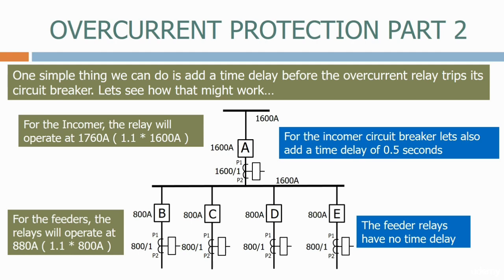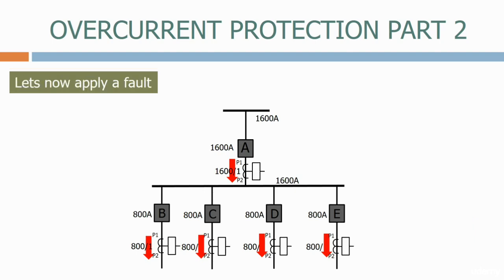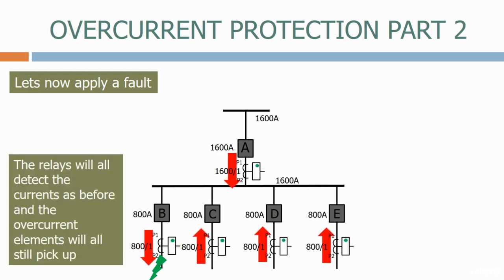Let's now close the circuit breaker. Let's now apply a fault. The relays will all detect the currents as before, and the overcurrent elements will all still pick up, shown by the green LEDs.